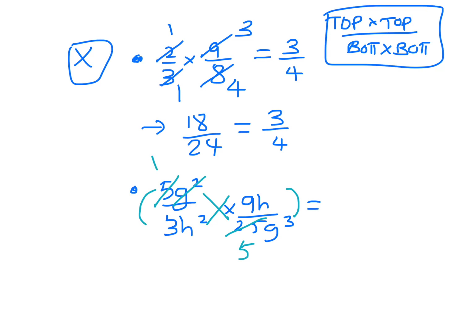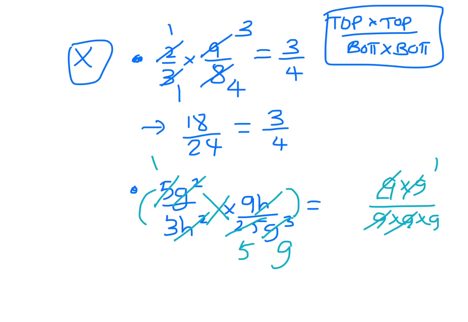You have g squared here and g cubed there. That would leave 1g on the bottom, because on the top you have g times g, and on the bottom g times g times g, and 2 of the g's will cancel with 2 of the g's, leaving 1 on the bottom. The h's cancel, that's h and h squared, so there'll be 1h left.